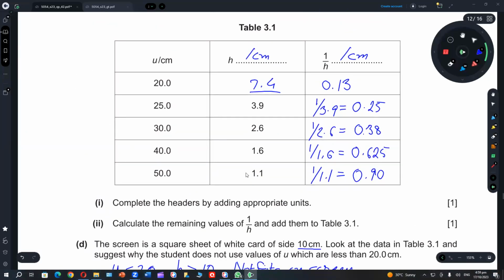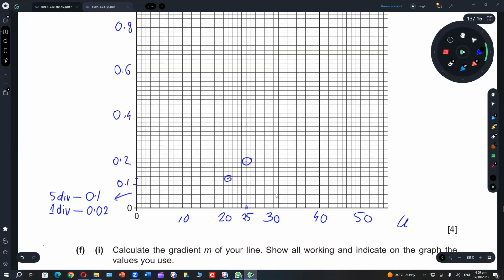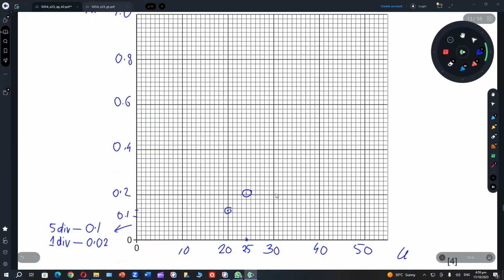30 and 0.38. Where is 0.3? This is 0.3. 32, 34, 36, and 38.